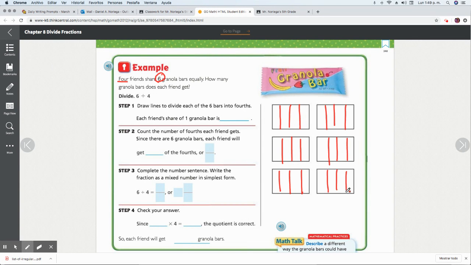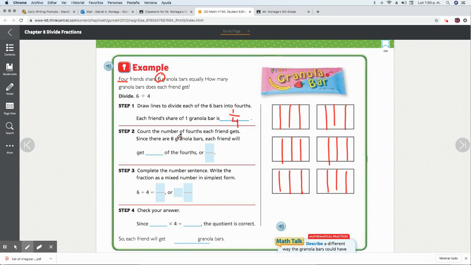Okay, then to find the answer for this, how many pieces of granola bar will each friend get from this one? Okay, so the answer to that would be, of course, 1 piece. So 1/4. Okay. Step number 2, count the number of fourths each friend gets.